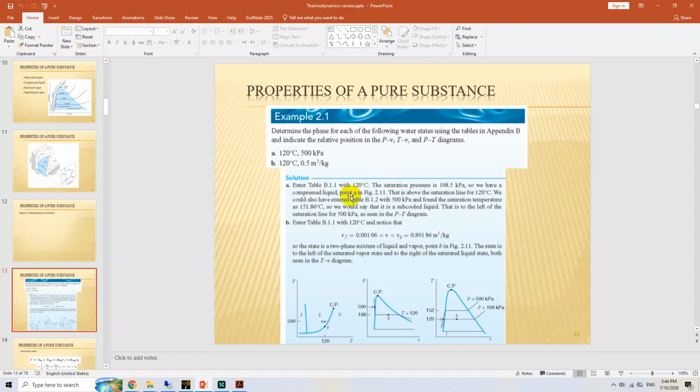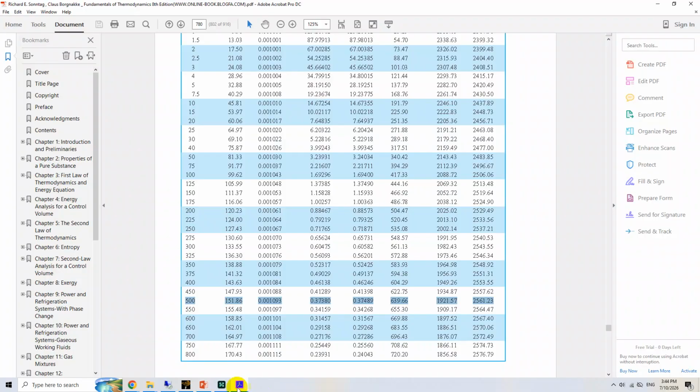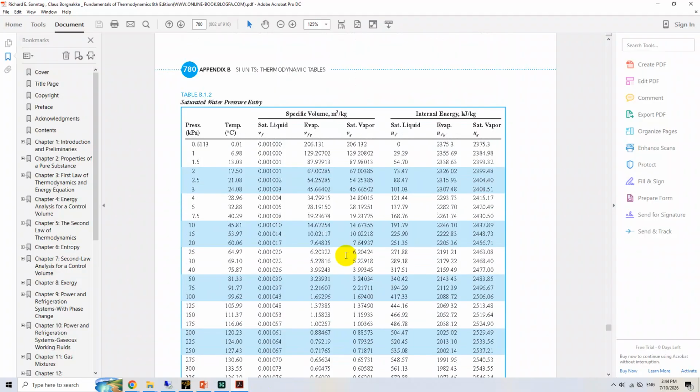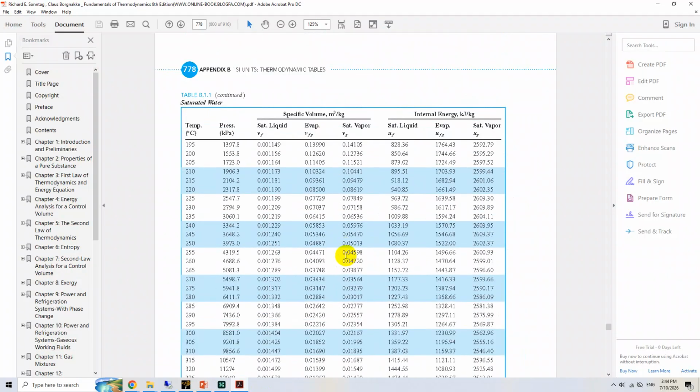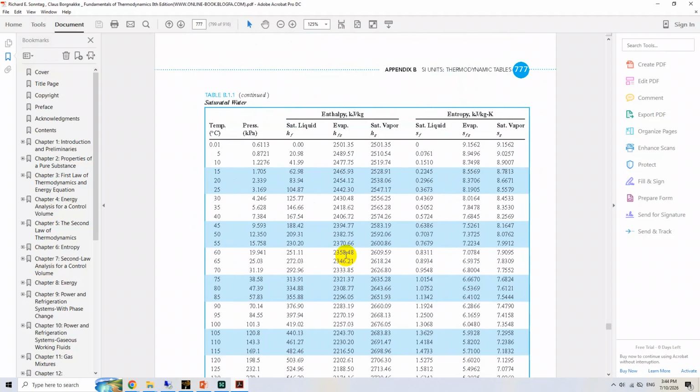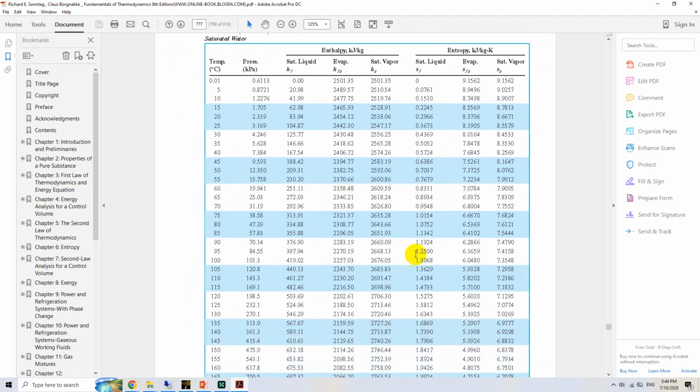So with the temperature of 120 degrees, we go back to table B.1.1 and we search for 120 degrees.